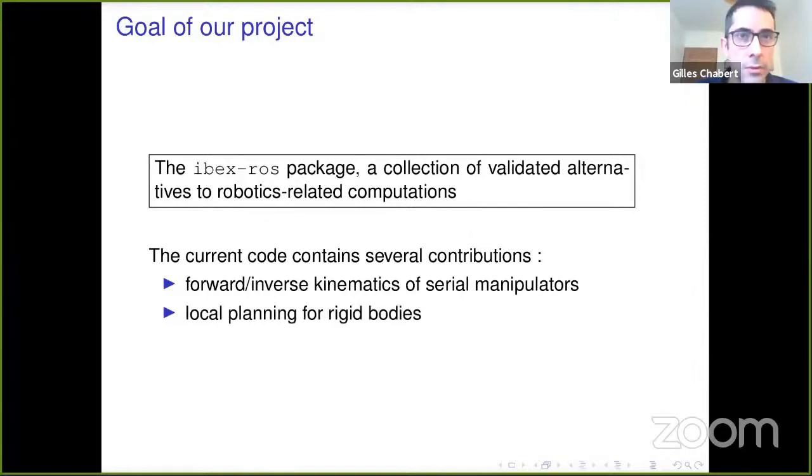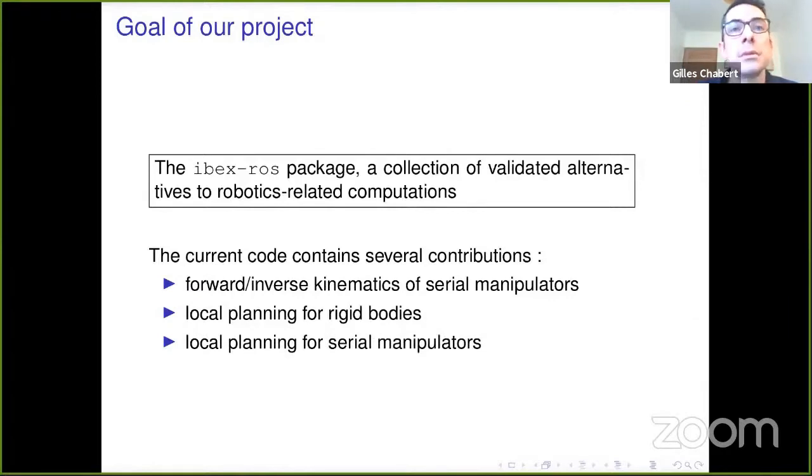And the second contribution, the main one so far, is about path planning, and we've developed an algorithm to validate trajectories, either in the case of rigid body displacements, or serial manipulators.